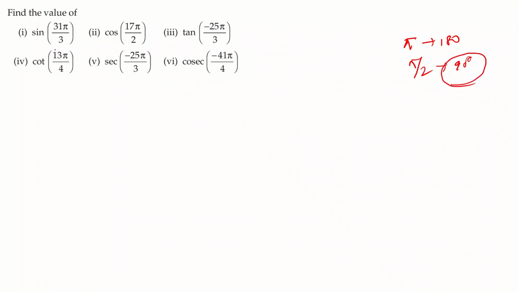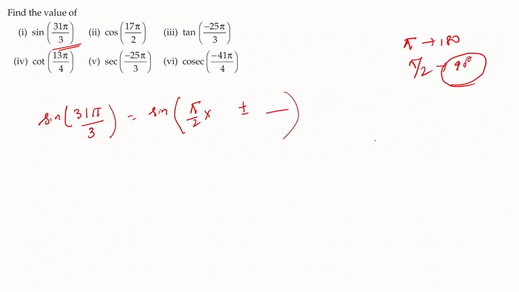Okay, so let's take up the first question. Sine 31 pi by 3. Now we have to write this down as something like, initially we wrote it as 90 times something. So now we have to write it as pi by 2 times something and then plus minus something. So how to do it? This one is even easier than the previous one.